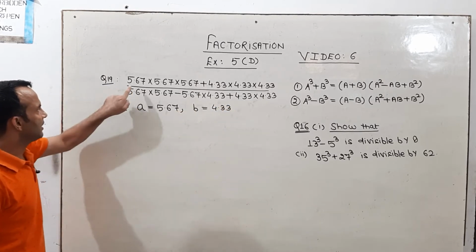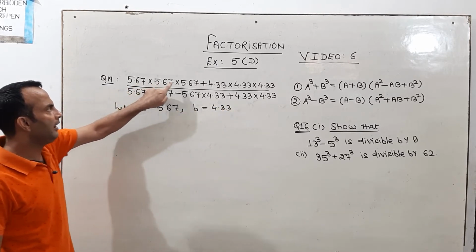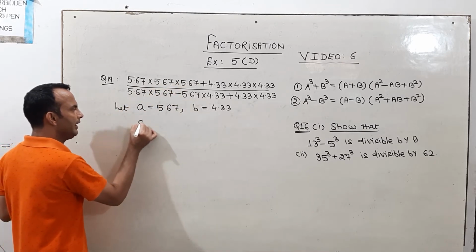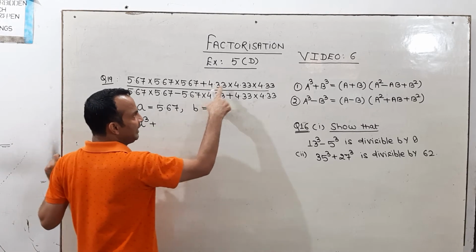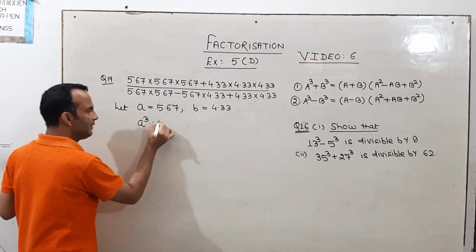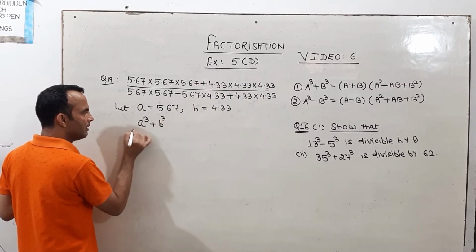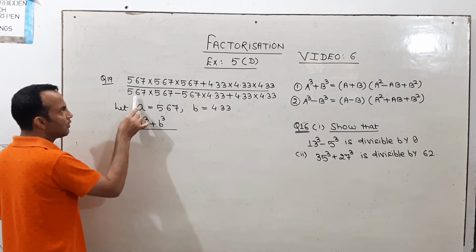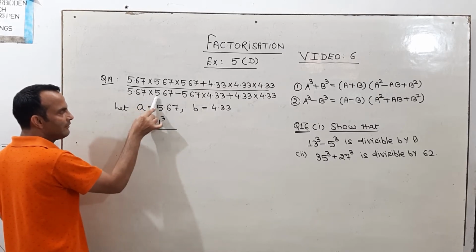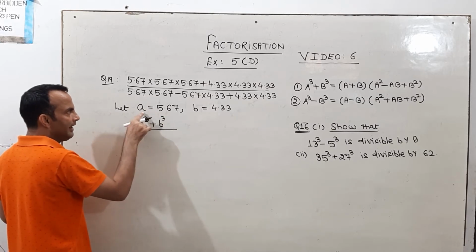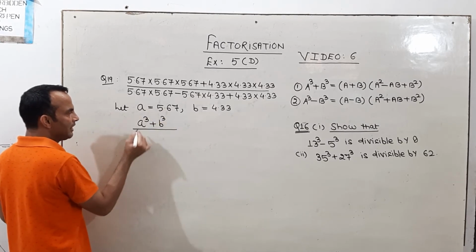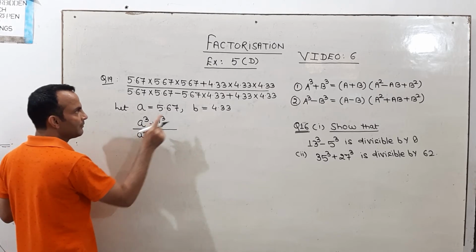Okay, see here, we obtain what? a cube plus b cube upon, here what is given? 5.67 multiplied with 5.67, and we have already supposed that a is equal to 5.67, therefore we can write a square.